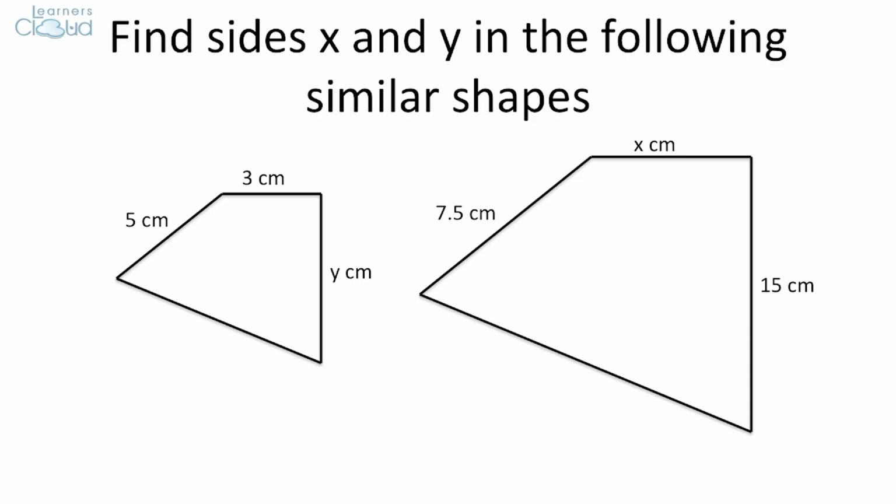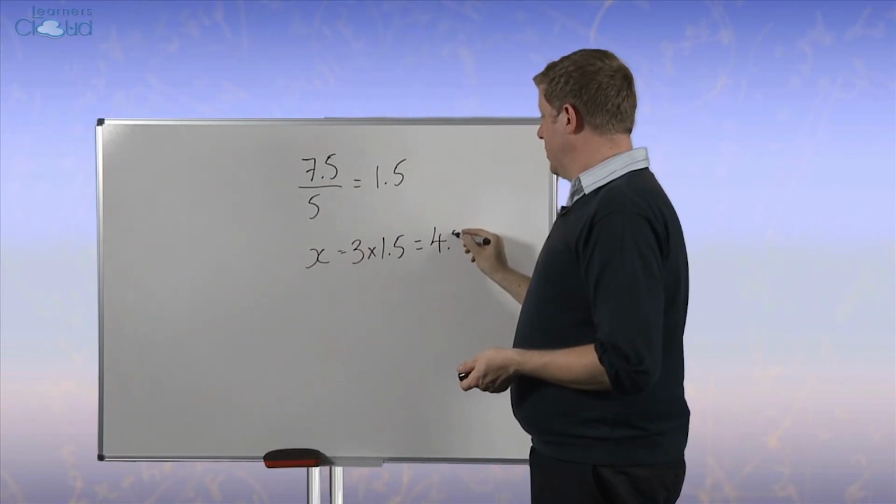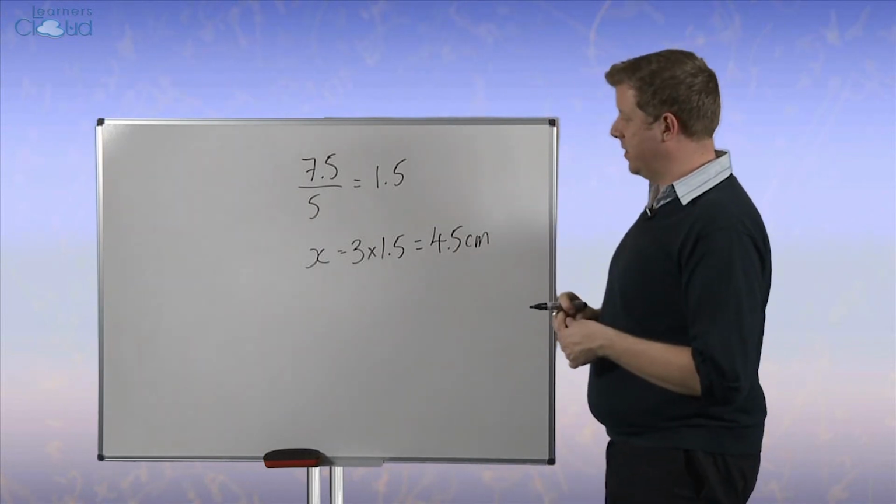So what they want us to find are the sides x and y. So let's work out side x first of all. Now x is on the larger shape and it corresponds to that top on the smaller shape of 3 centimetres. Smaller to larger, remember we multiply. So it'll be 3 times 1.5 to give us 4.5 centimetres.